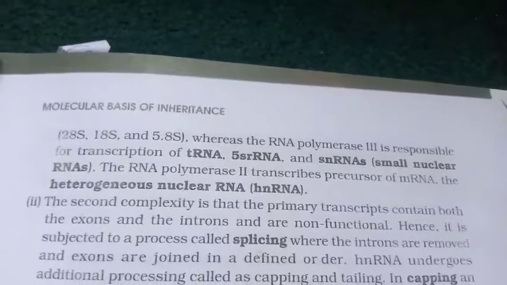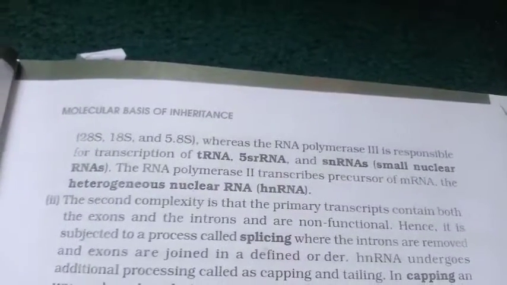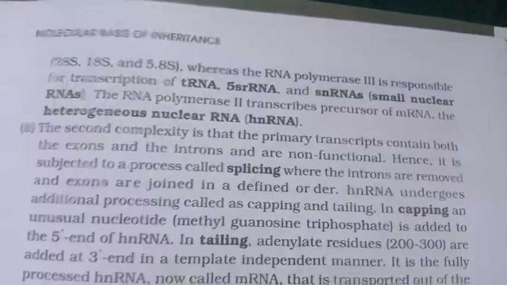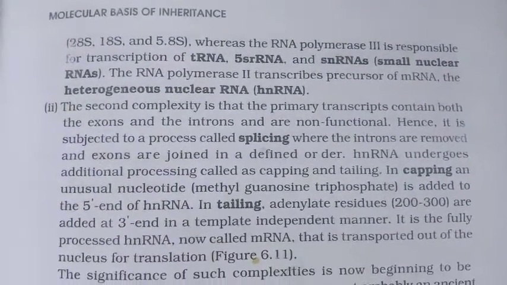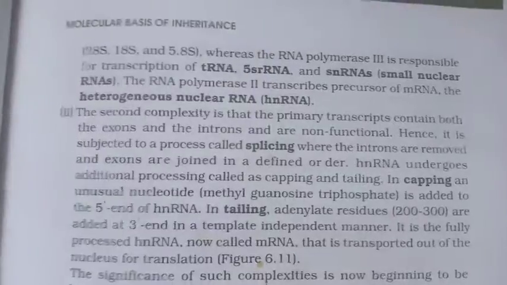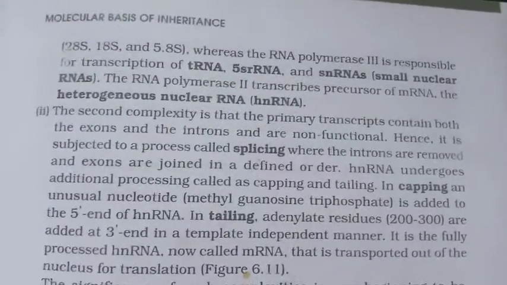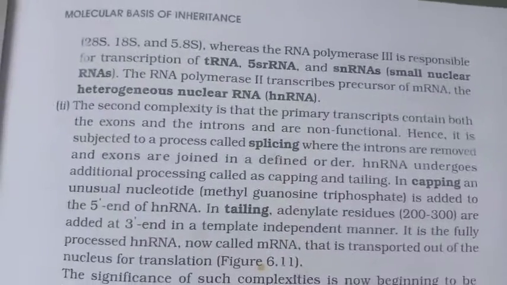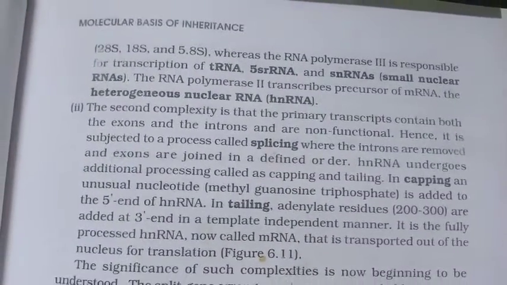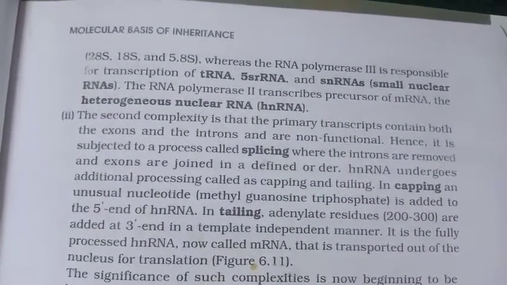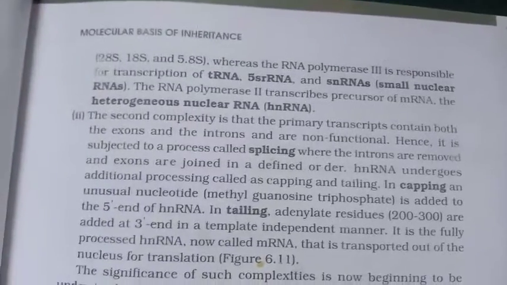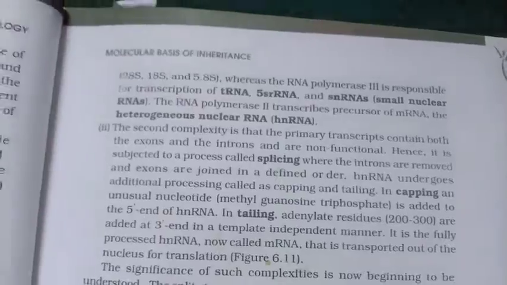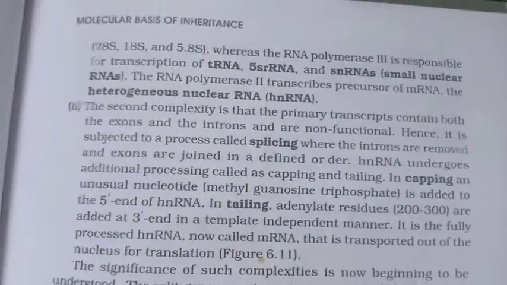The second complexity is that the primary transcripts contain both exons and introns and are non-functional. Introns are non-functional. Hence, the transcript is subject to a process called splicing, where the introns are removed and exons are joined in a defined order. Heterogeneous nuclear RNA undergoes additional processing called capping and tailing.